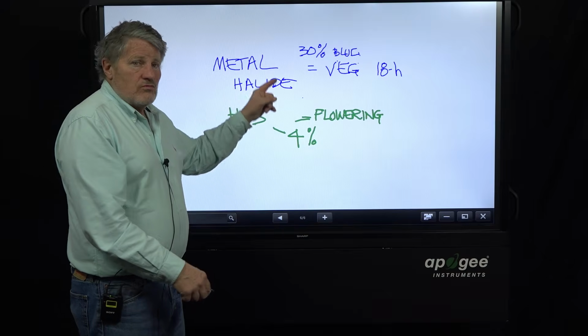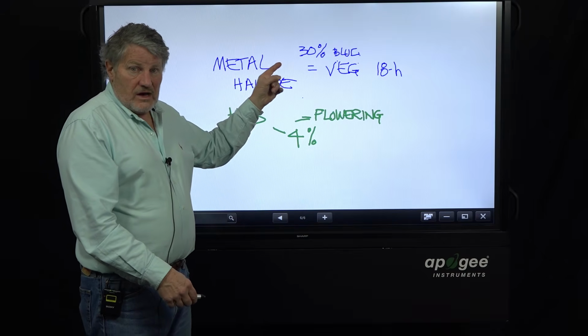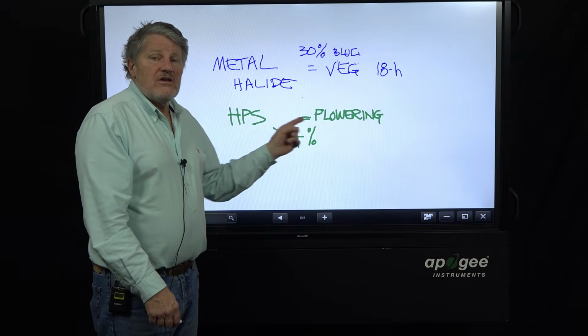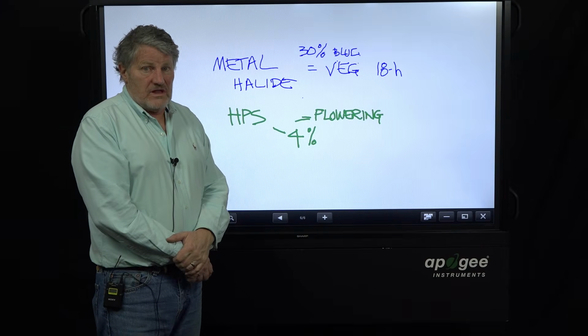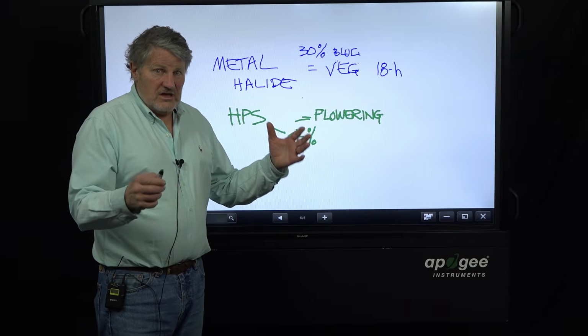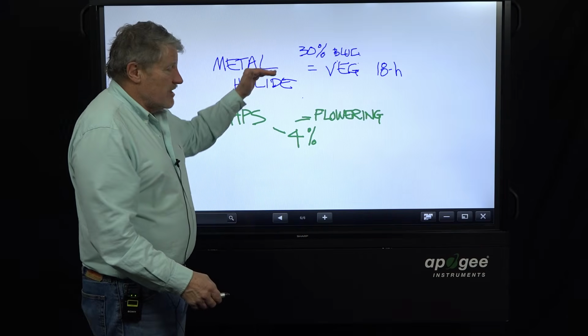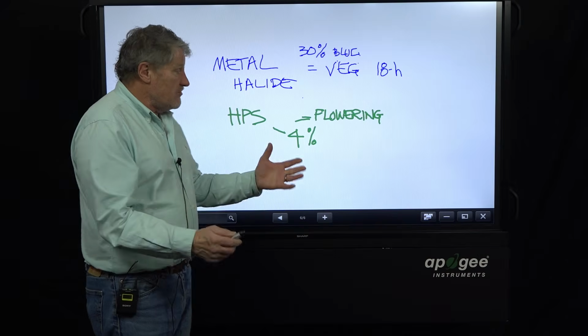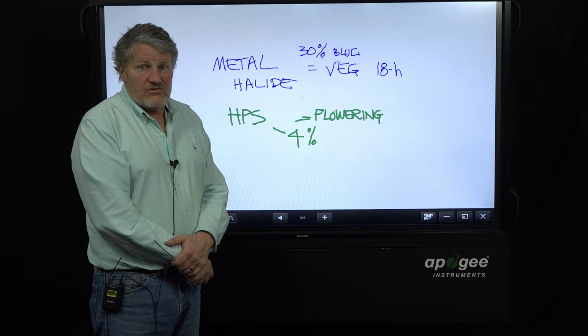So there was a reason to go with a high blue light during veg and then a very efficient light during flowering. And we've seen that in cannabis. It's a ratio of blue photons for plant height and then the efficiency of the light after that.